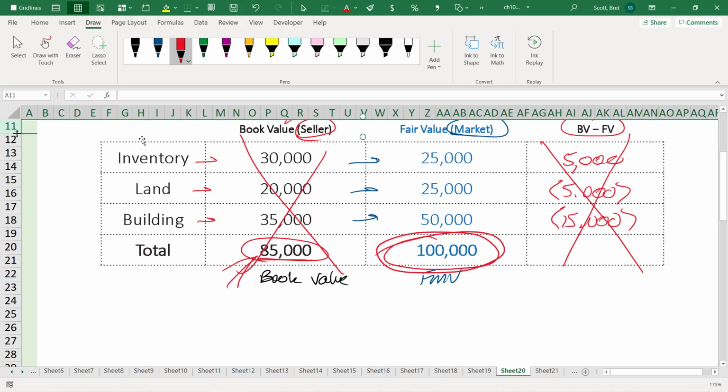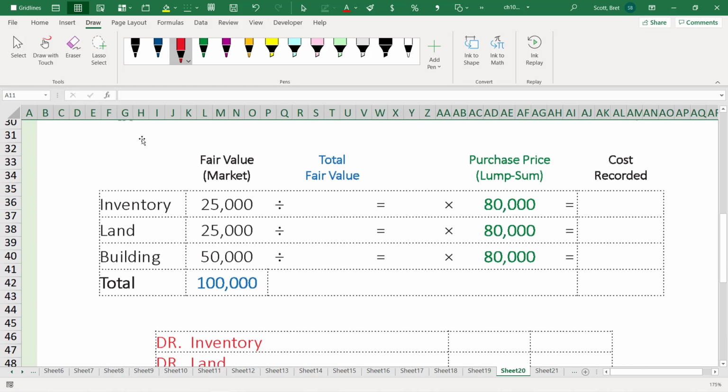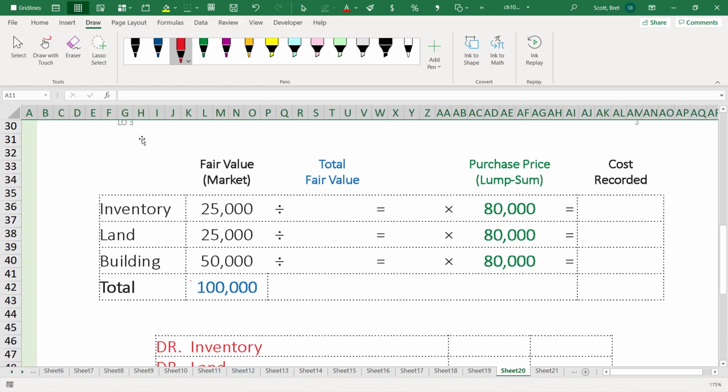What is the total fair market value of the basket, the total basket of goods? And down below, I walk through a situation where I say, okay, look, here is the total fair market value of all of the items in the basket.